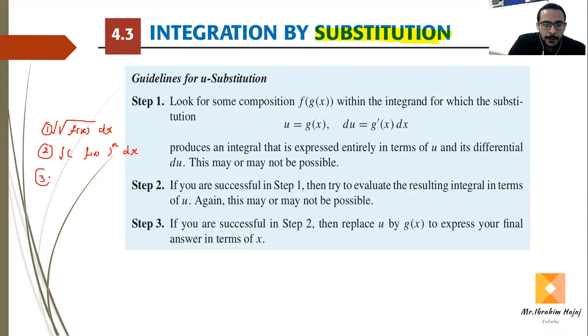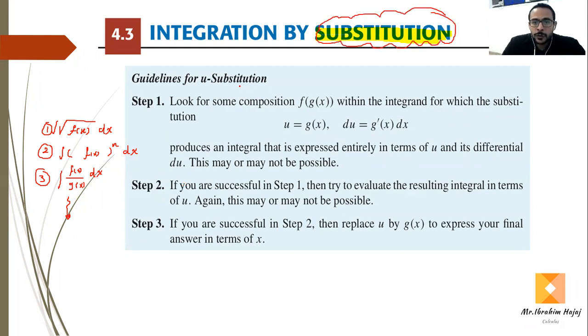Number three, also when you have a fraction, a quotient between two functions f of x and g of x, you can use U substitution. And so on, guys. We will see where we can use the substitution method.